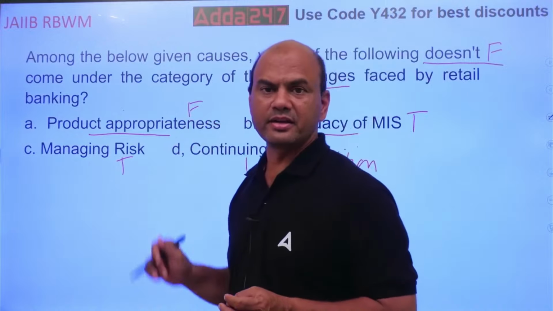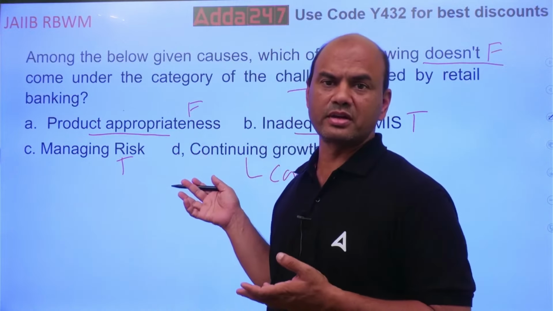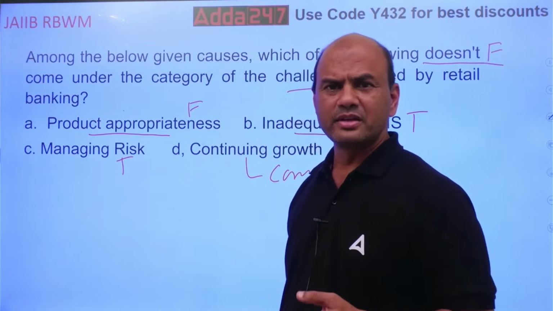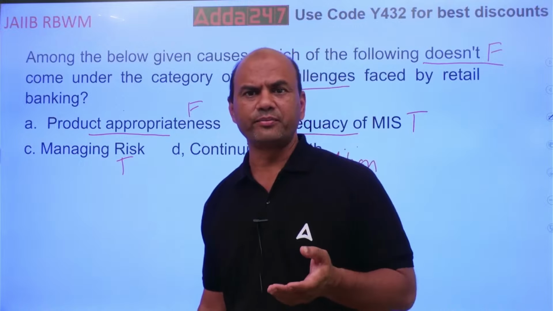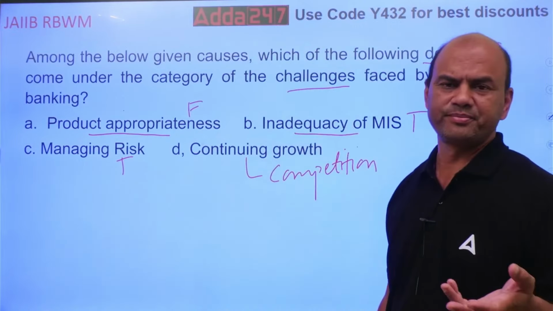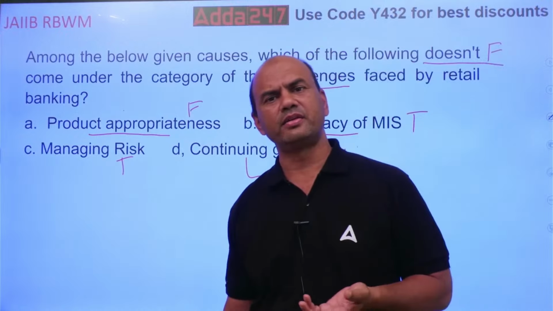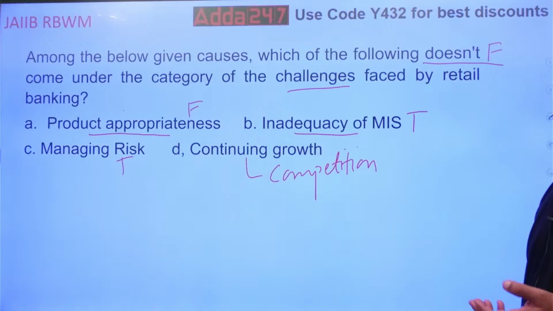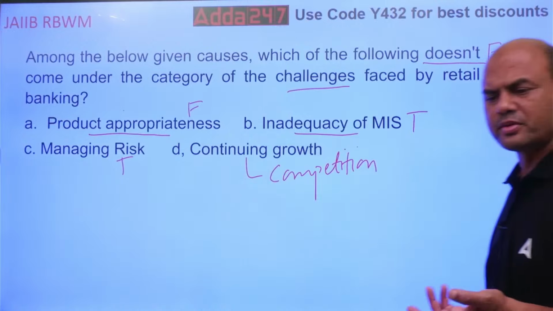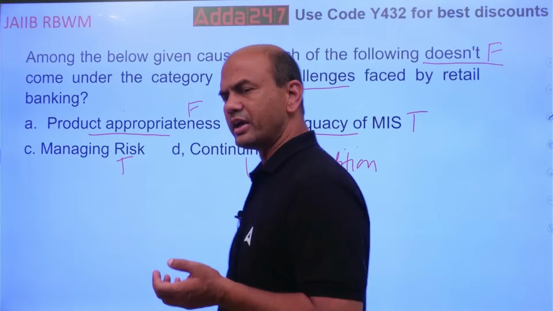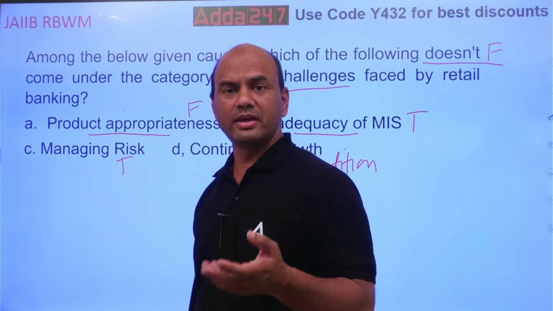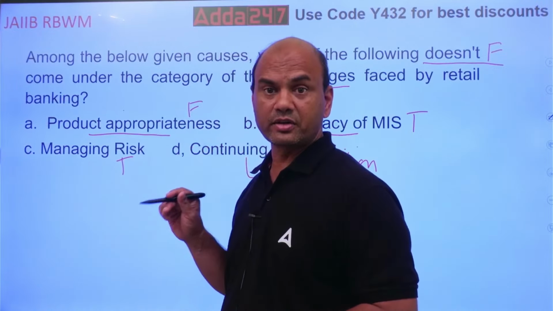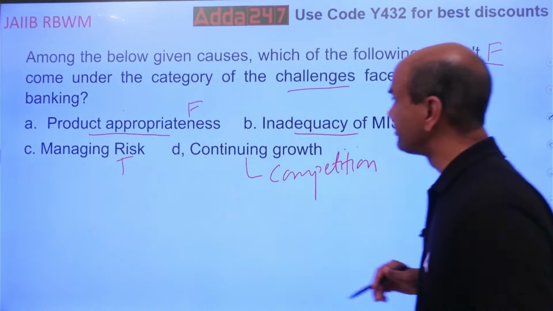If my product is not correct as per the needs, what's the use? For example, right now all the banks are going for UPI, NEFT. If I am still under the DD concept, my product will be obsolete. Nobody would like to deal with me. So product appropriateness is a basic requirement. It's not a challenge. Okay.